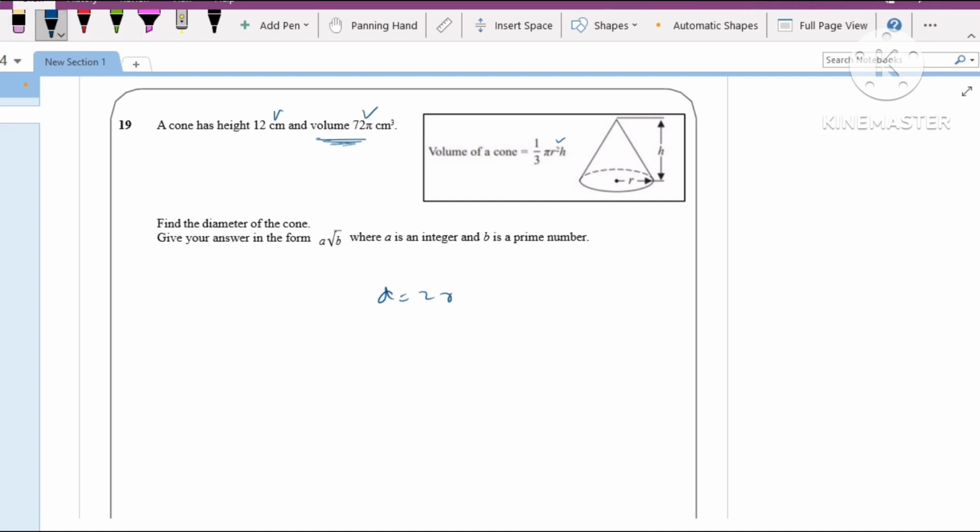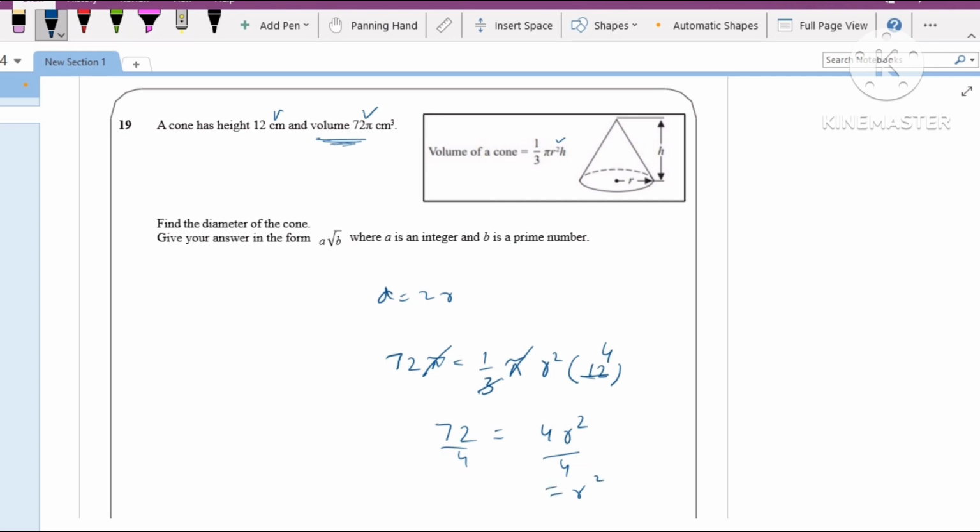We don't know r, so r square, and h is 12. So this pi will be cancelled out with pi. 3 ones are 3, 3 fours are 12. So 72 is equal to 4 r square. This 4 will be divided on both sides. So r square is equal to 72 divided by 4.